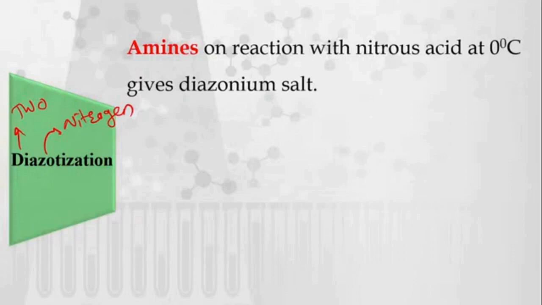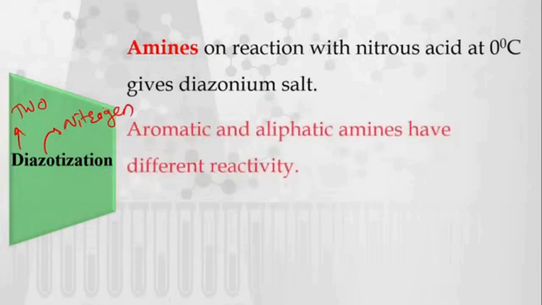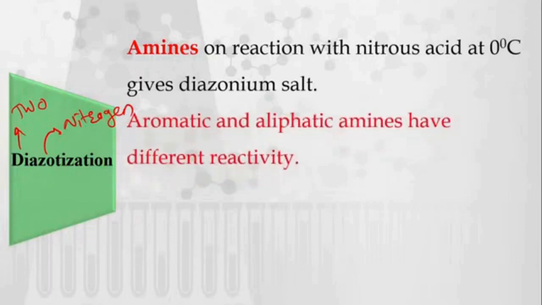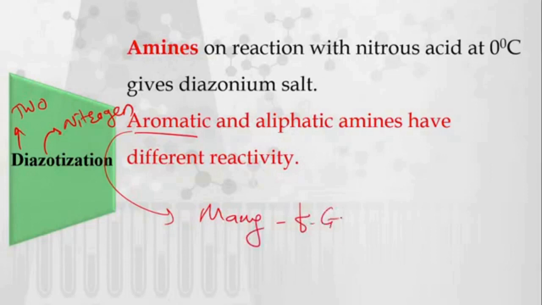Okay, so we'll see the reaction. There are different reactions for aliphatic and aromatic amines. Whenever diazotization takes place on aromatic compounds, you can form many functional groups with this aromatic diazo compound.